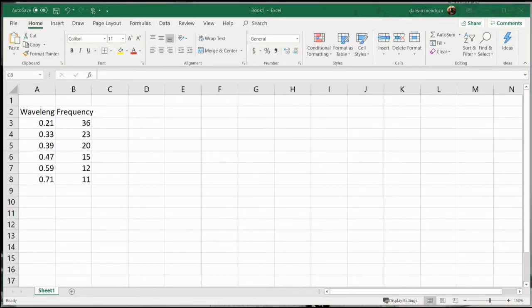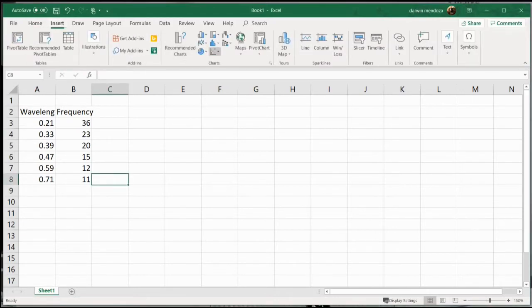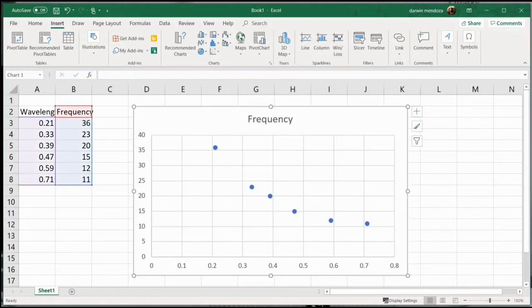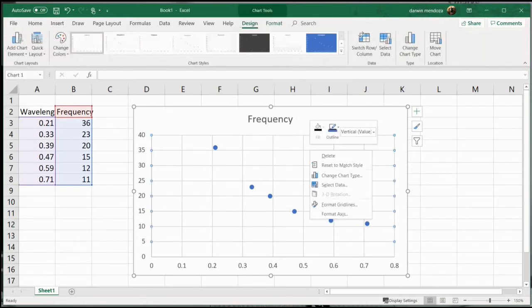Okay, so I've entered my data in. I'm going to graph this. How I do that, I'll go to insert. I'm going to want a scatter plot. Sometimes it thinks it knows what you want. Usually does, but most of the time it doesn't.